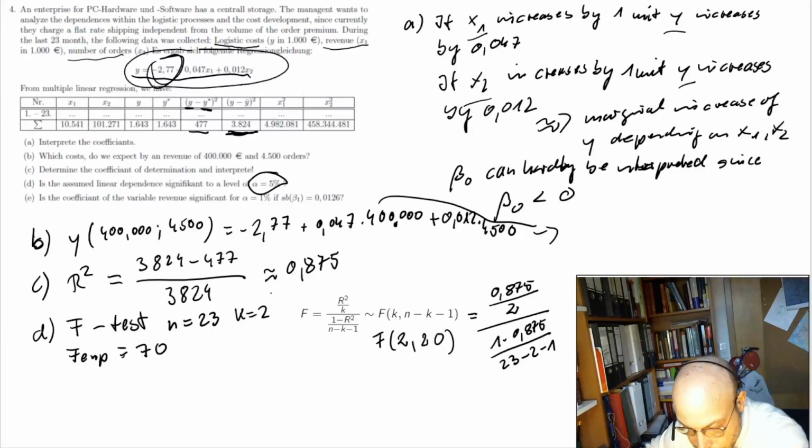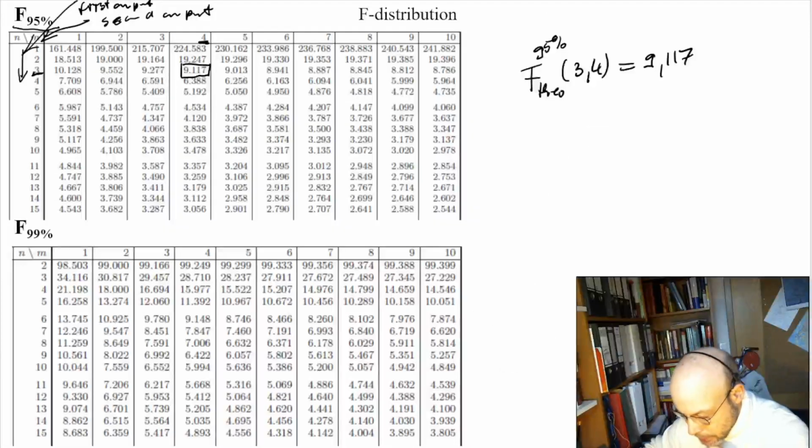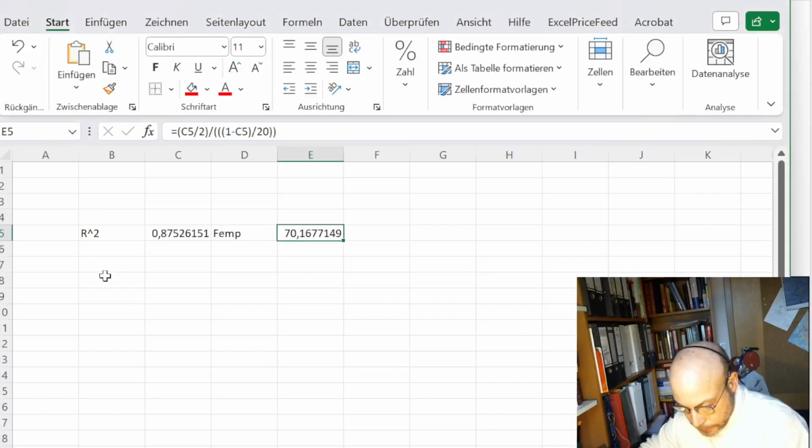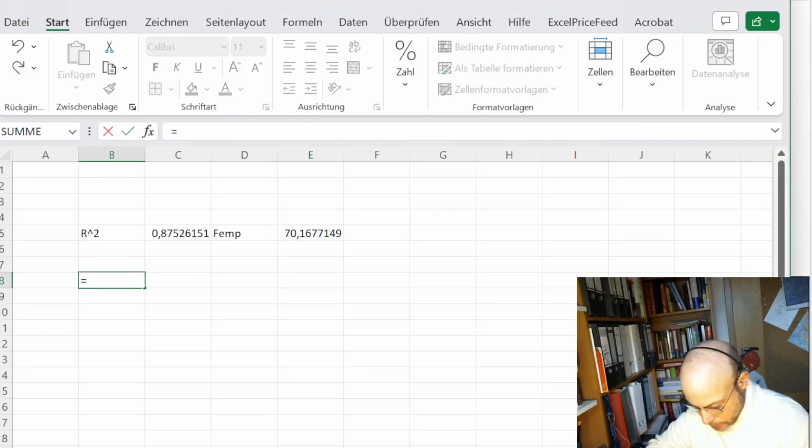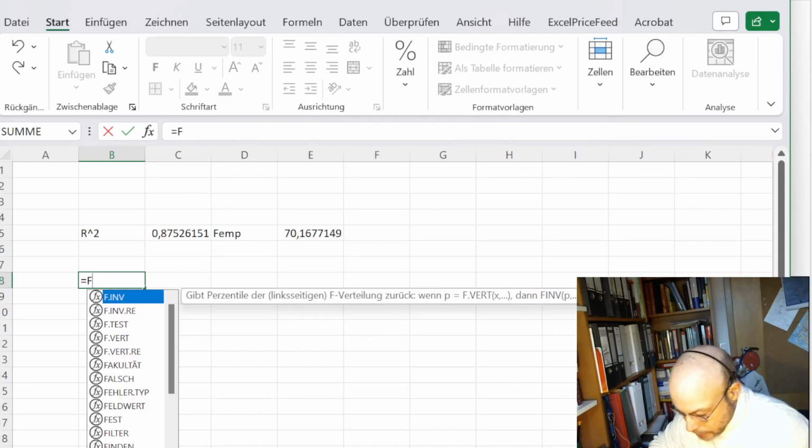And for this I gave you the following tables. So we take this table, 2 and 20. What is then the value of F?